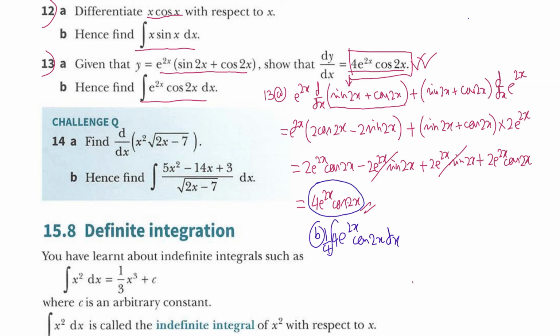If we integrate this one, then definitely we would get what is written as y here. So let us write 1 by 4 into the whole part of the previous part, e to the 2x sin 2x plus cos 2x. This is the expression, then plus c, and this is the answer of this integration part.